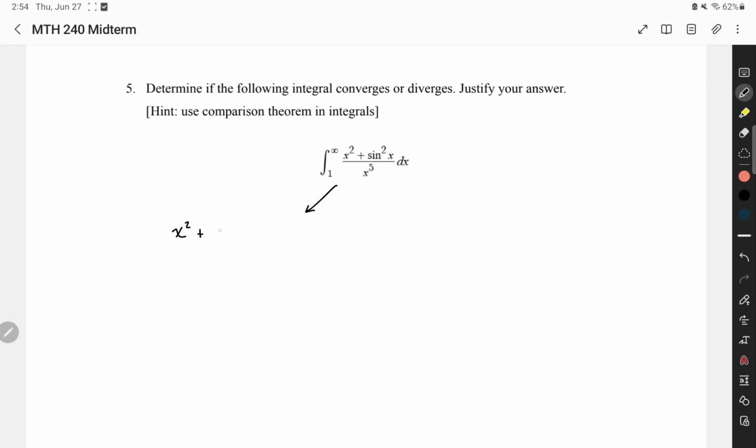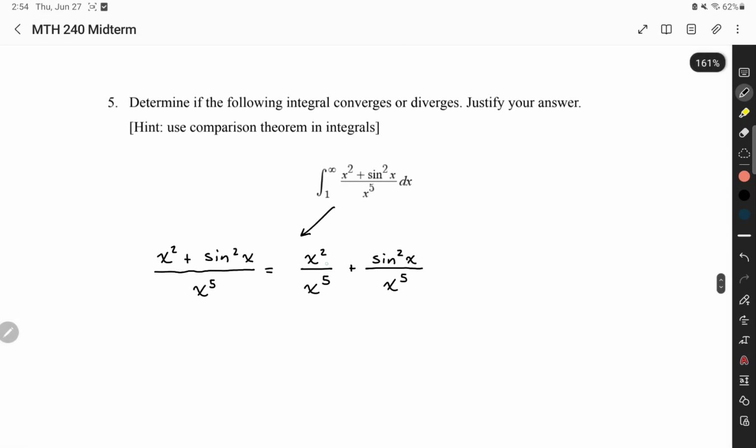So we have x squared plus sine squared x, over x to the power of 5. First of all, let's rewrite this as x squared over x to the power of 5 plus sine squared x over x to the power of 5.